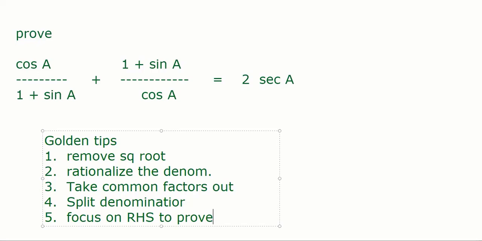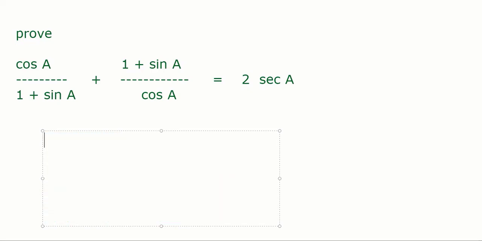अब यहाँ पे हमको क्या चाहिए guys? 2 sec A, correct? And what we have in the left hand side, 1 plus sin A and cos A, is not a very good thing. हम लोग क्या करेंगे?